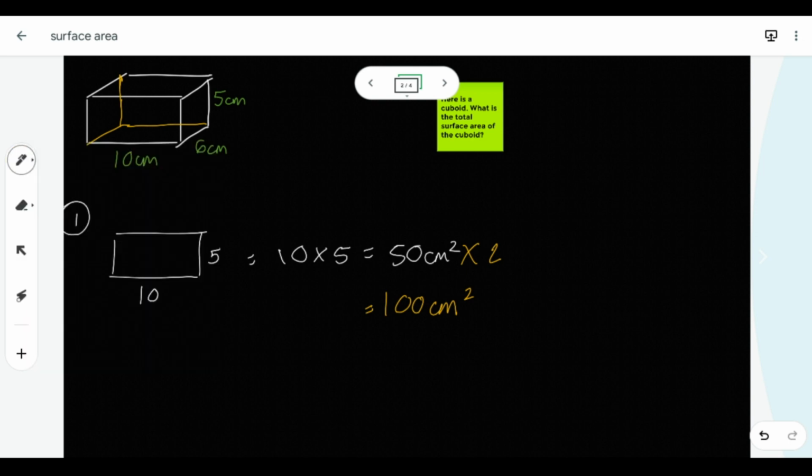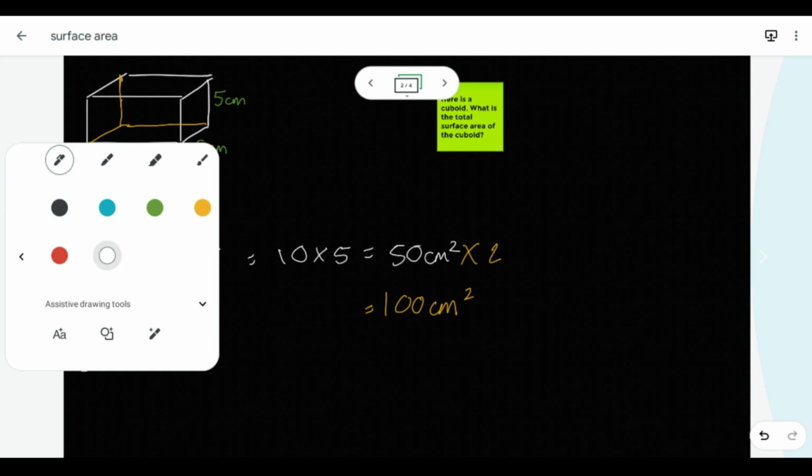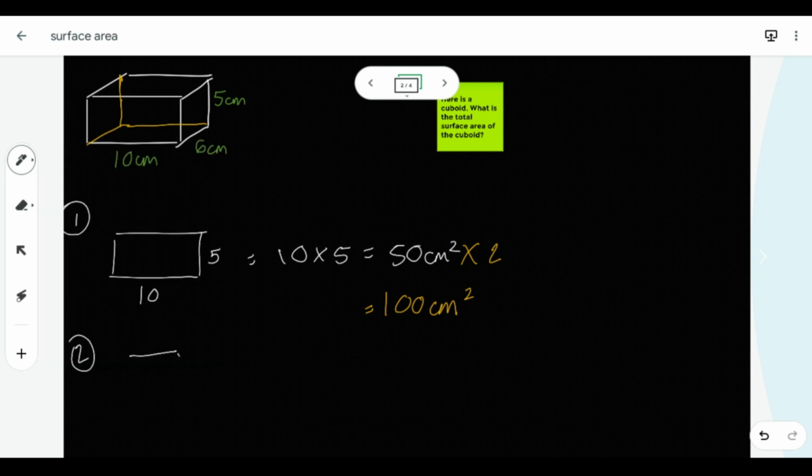Now, for the second side, we have this area. Now this area is also given here. So we find the area for that and we times that by 2. So again, draw the shape out because it's easier to then visualize that.